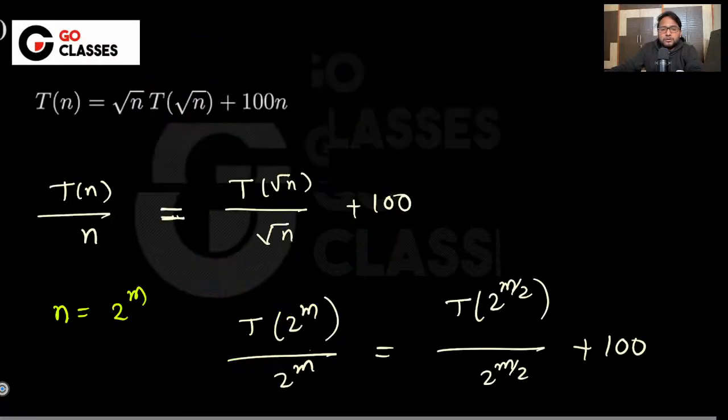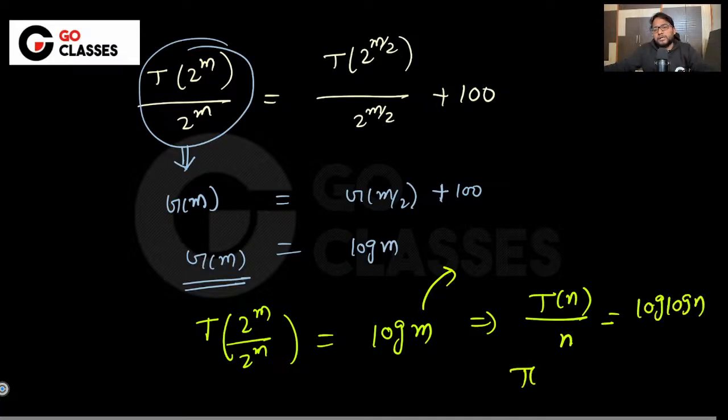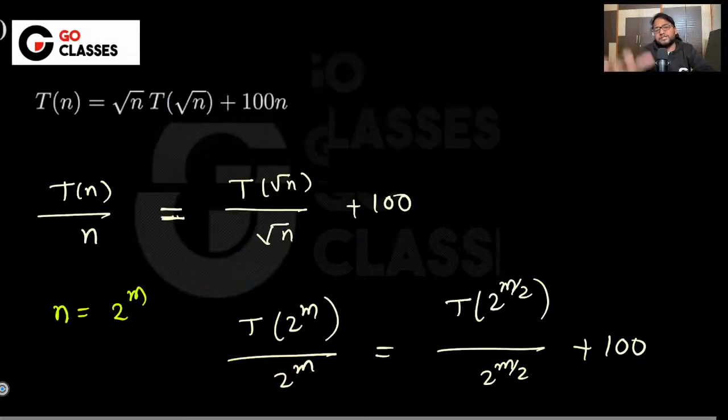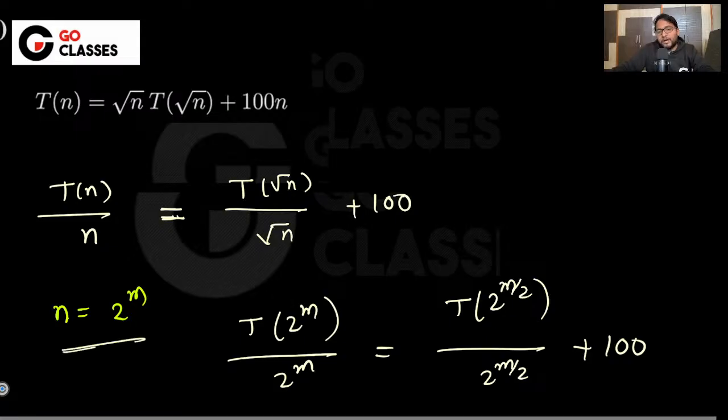And as we know, this is nothing but T(n)/n, because n is nothing but 2^m. So from here you can say T(n)/n, and m is log n, so it is log of log n. That's how you can solve T(n) = n log log n, right? Understood? So basically we have done it very simply. First we divided by n, and then we assumed, and from there we applied it.